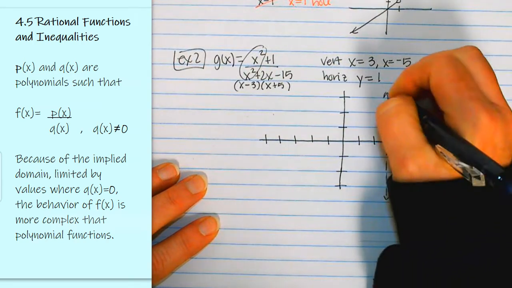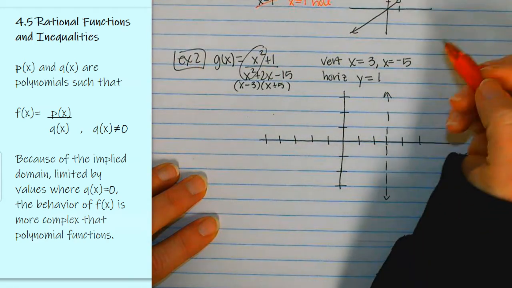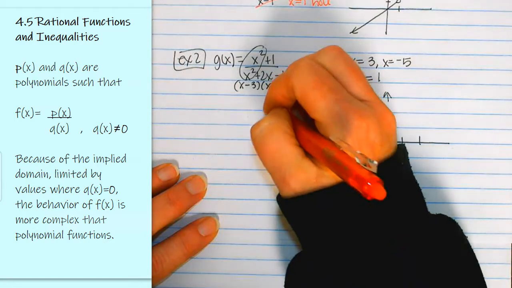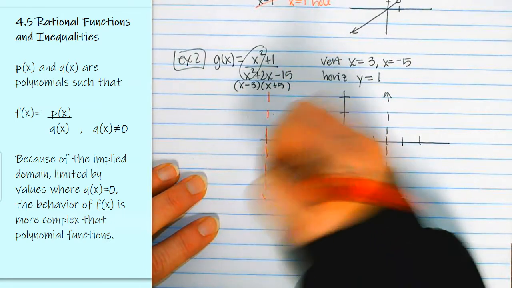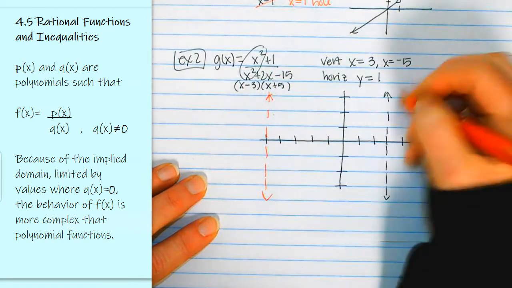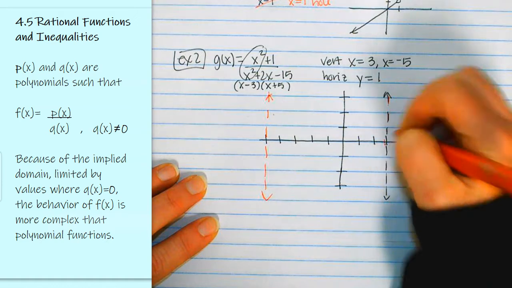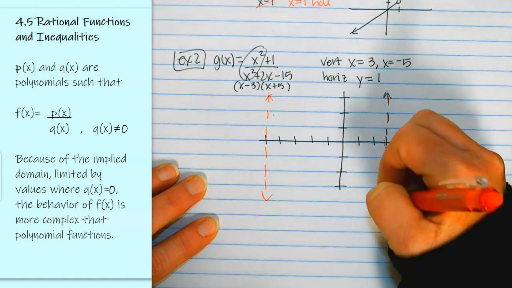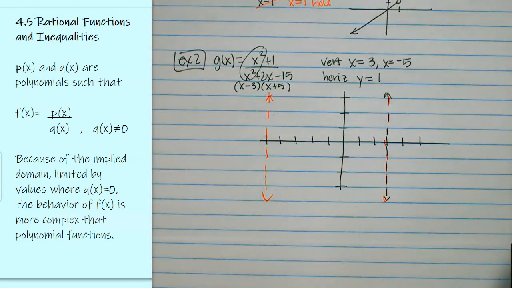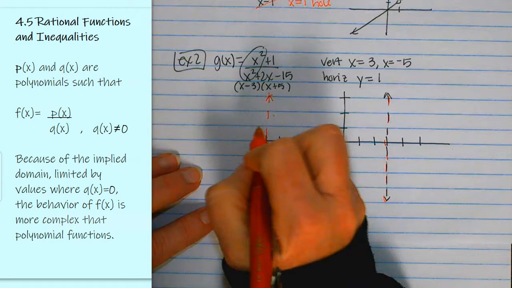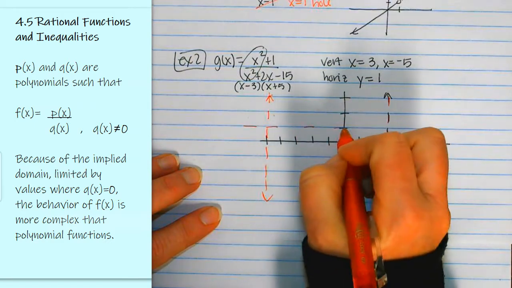It's a boundary. I've got one at -5, so here. Different colors could be your friend here, so you can tell what's going on. Okay, I also have a horizontal asymptote at y equals 1, so it crosses the y-axis at 1.